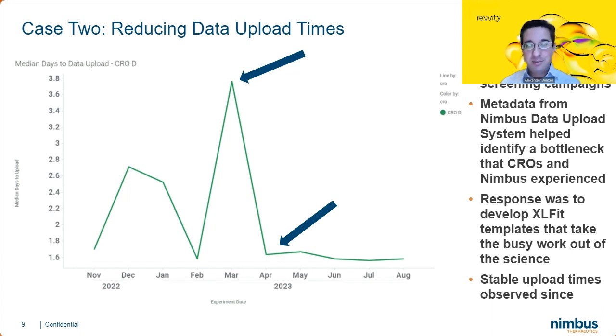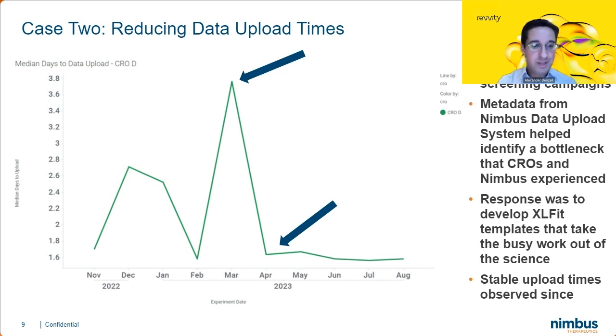And in screening campaigns, efficiency is a necessity. And metadata from our Nimbus data upload system helped identify bottlenecks that our scientists were experiencing. They were noticing that for one CRO for a particular program, it was incredibly variable how long it would take data to become available after the experiment was completed and compounds arrived there.